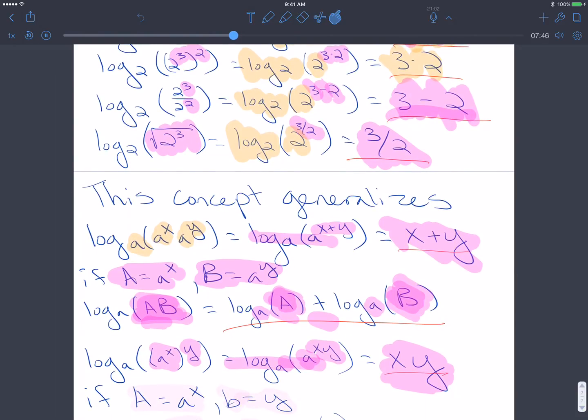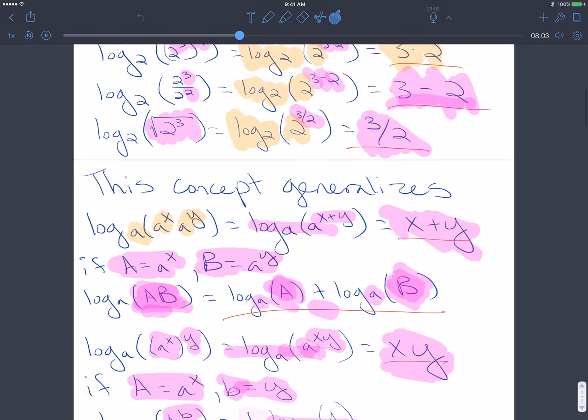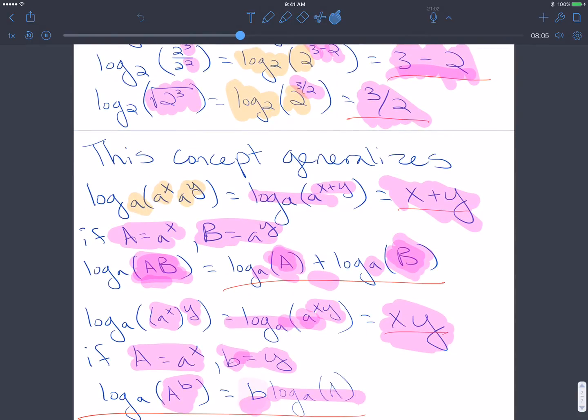So if I set big A equal to a to the x again, using the same thing we used for the last one, and little b is then equal to y, then any time that constant is raised to another power b, that is the same as multiplying that logarithm of A by its exponent b. So any exponent can be effectively pulled in front as a multiple of the logarithm of its base.